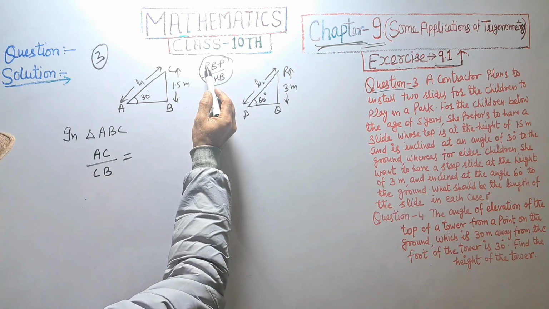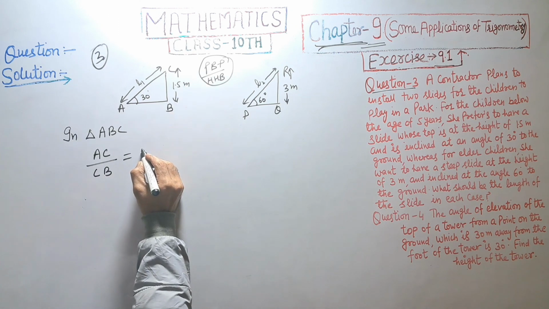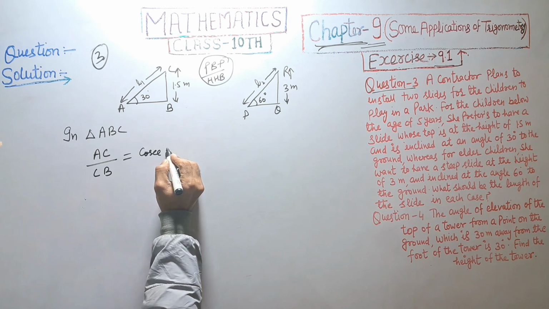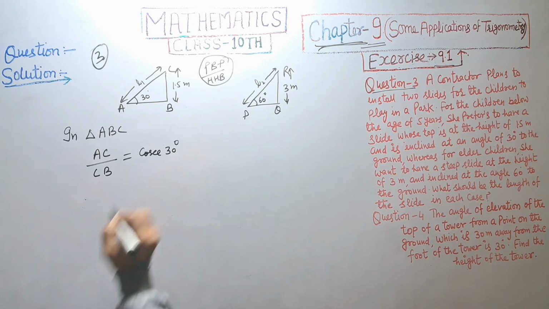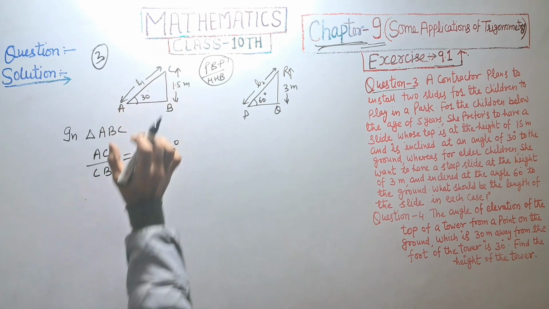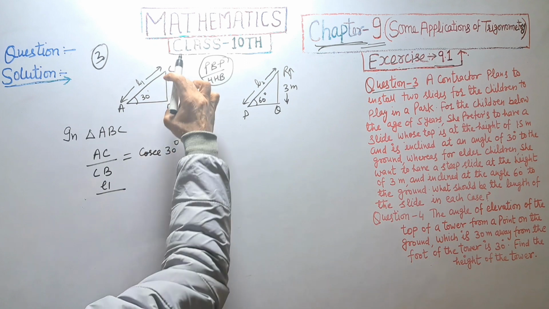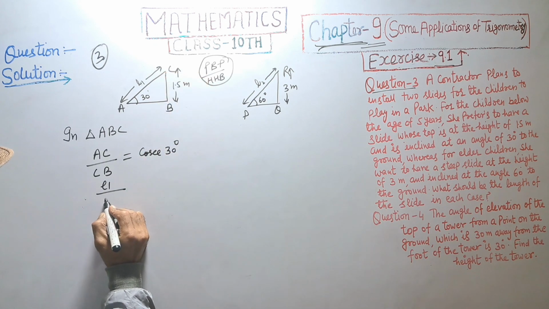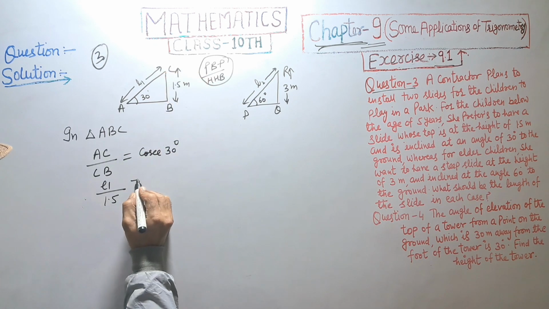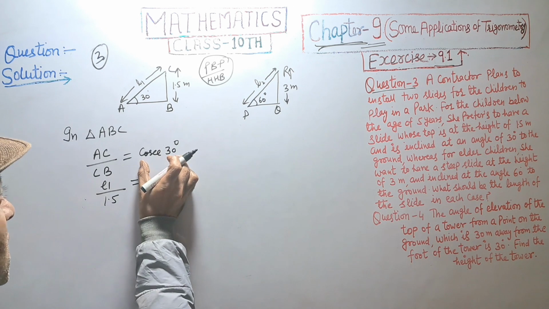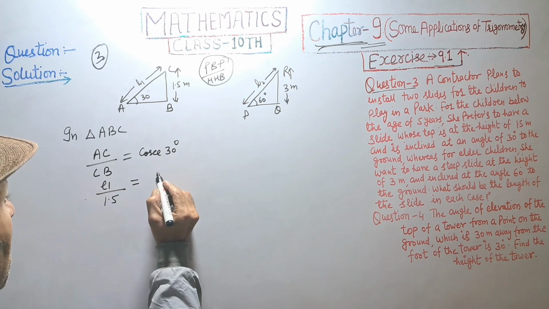Hypotenuse upon perpendicular is equal to cosecant 30 degree. AC is L1 and CB is 1.5, so L1 upon 1.5 is equal to cosecant 30 degree, that is 2.